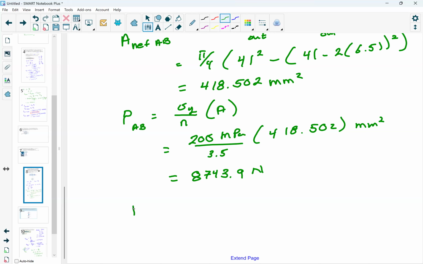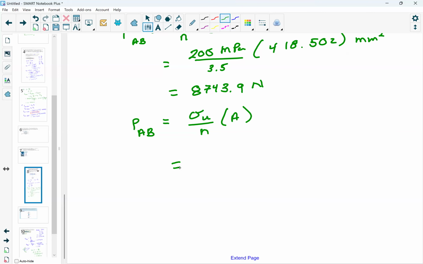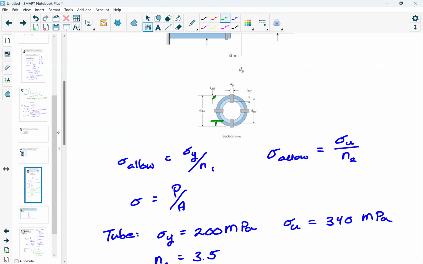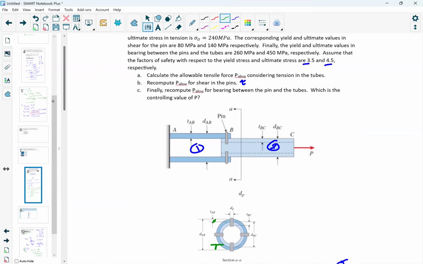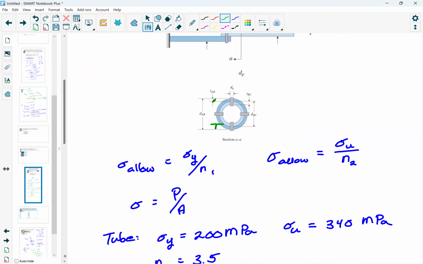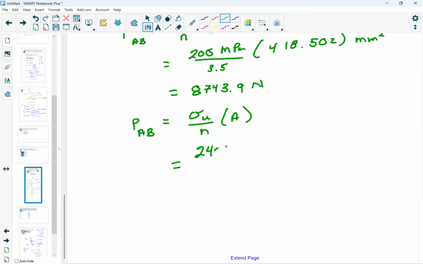Now let's look at this tube's ultimate. So that's going to be sigma u over n times the area. Our ultimate was 240, so that's going to be 240 megapascals over 3.5, and then 418.502 millimeters squared.